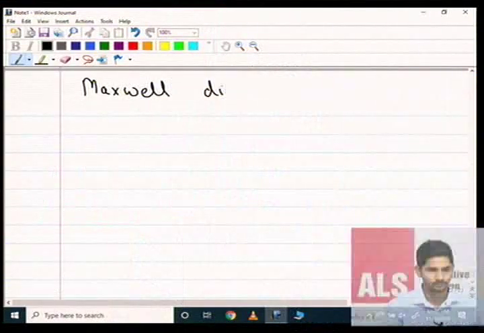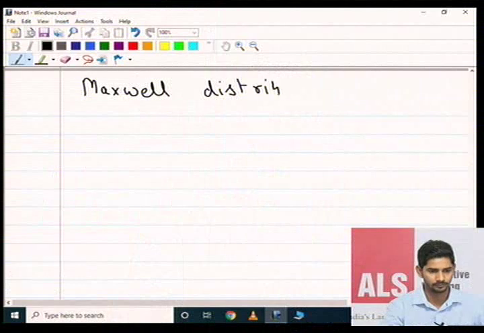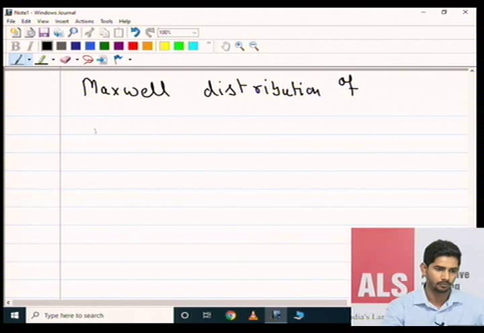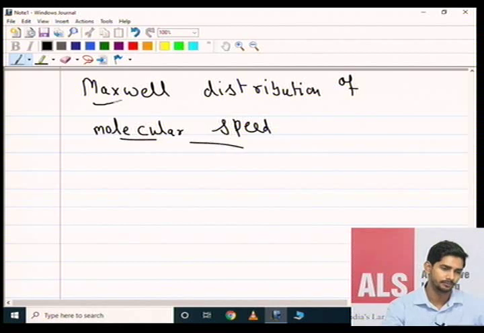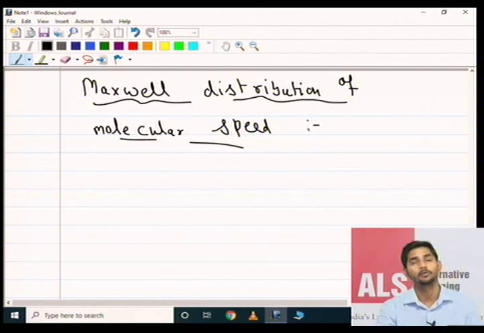Okay, now next is Maxwell distribution of molecular speed. Guys, copy these points with me.